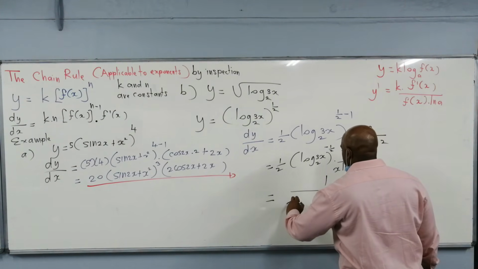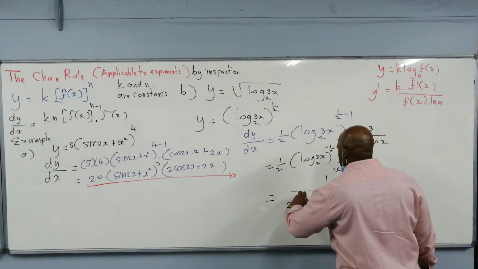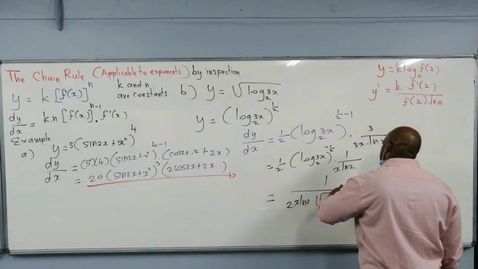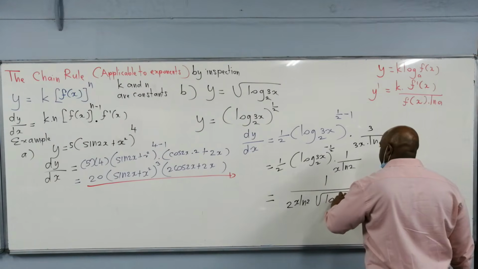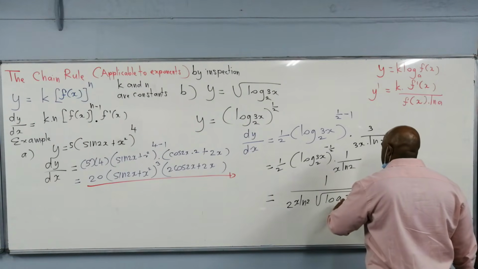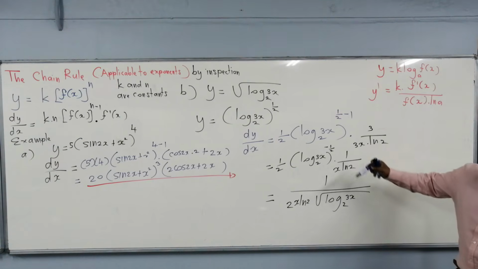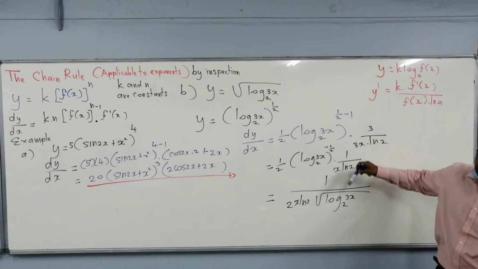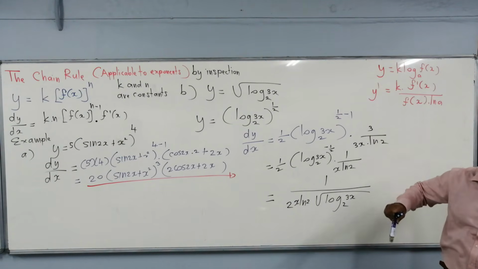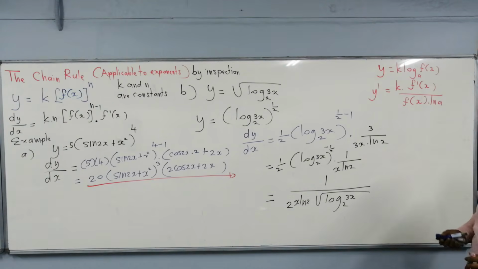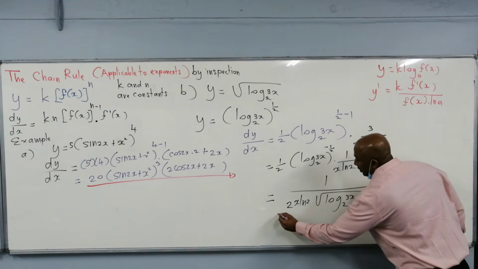So that's 1 over 2x ln 2 times the square root of log 3x to the base 2. That is simplified. What did I do? I took the log to the denominator, the sign of the exponent changed, and it became a positive half, which is the square root.